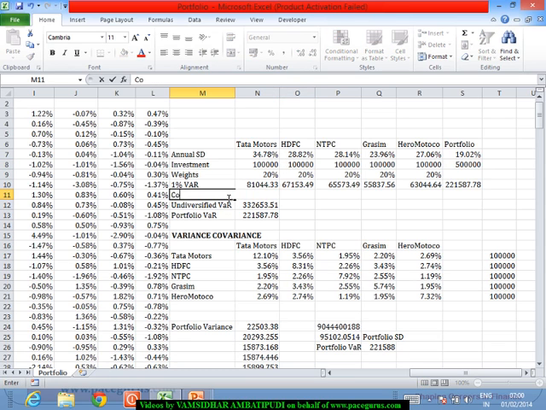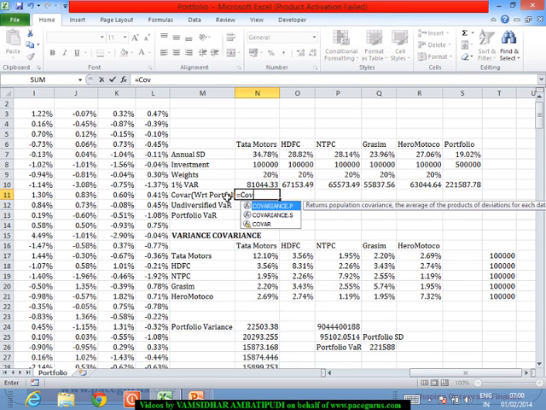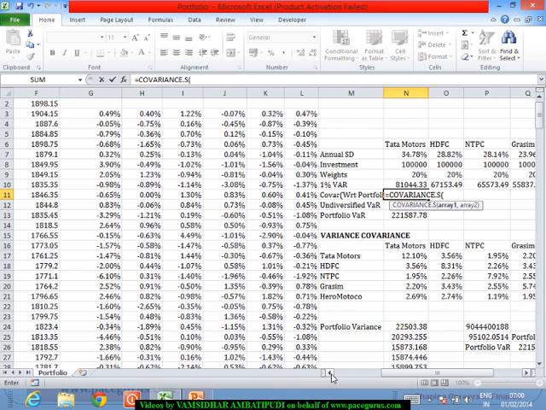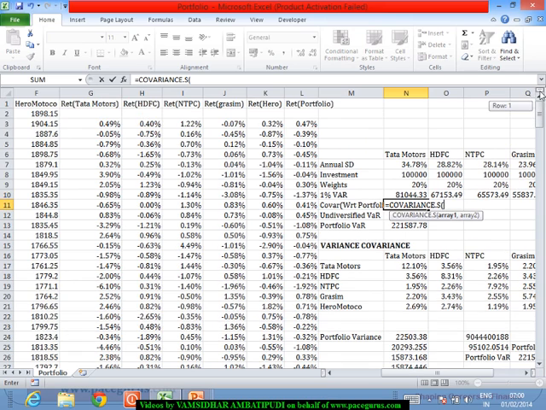Each security's covariance with respect to the portfolio is nothing but the covariance of the security's returns versus the portfolio's returns.